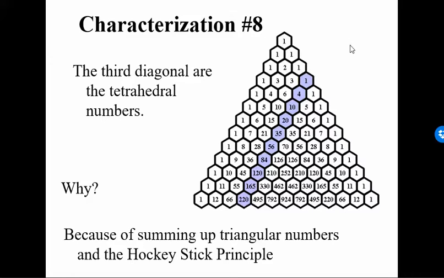The characterization number 8 is that the third diagonal are the tetrahedral numbers, using the same logic of the hockey stick principle. So for example, if we take these first 4 triangular numbers, 1, 3, 6, and 10, and stack those up, we get the tetrahedral number 20.